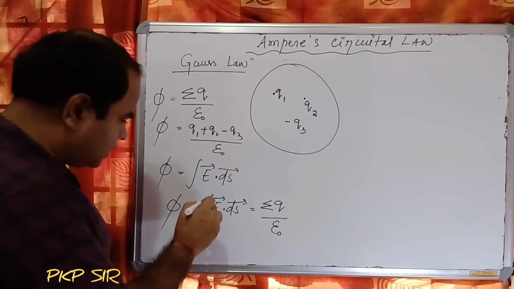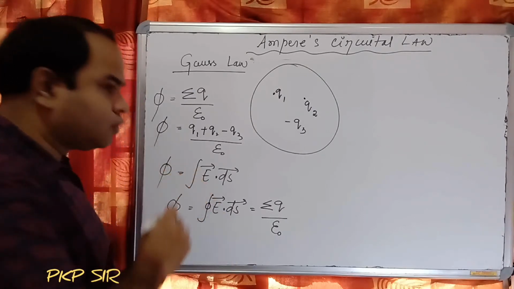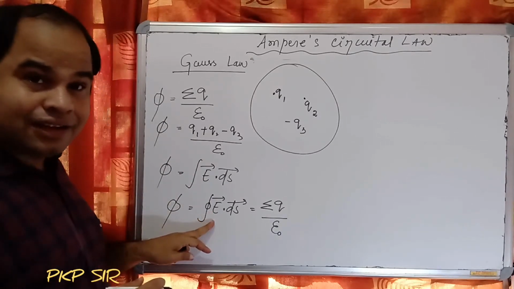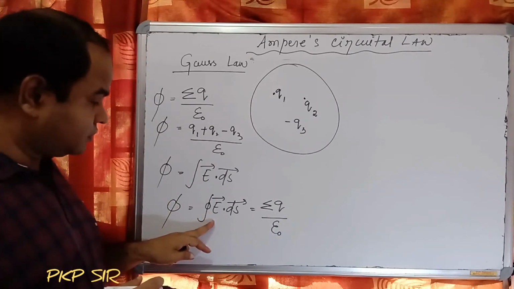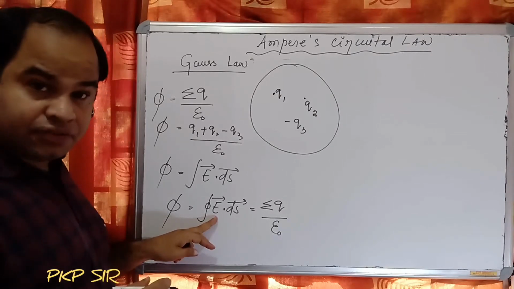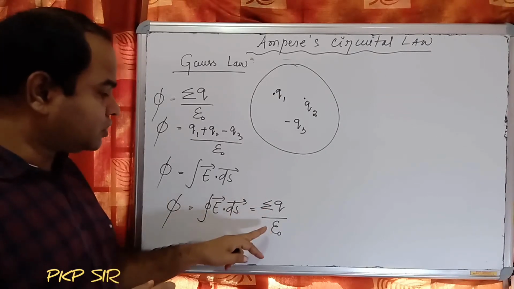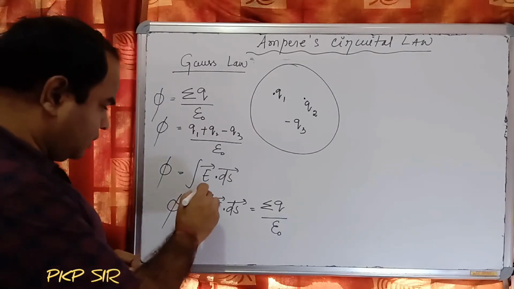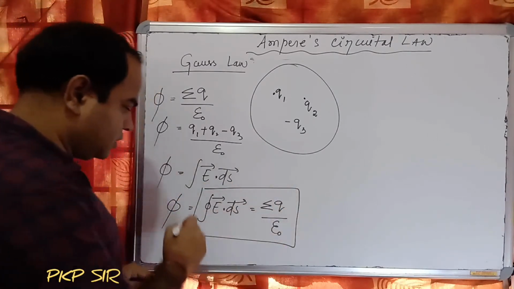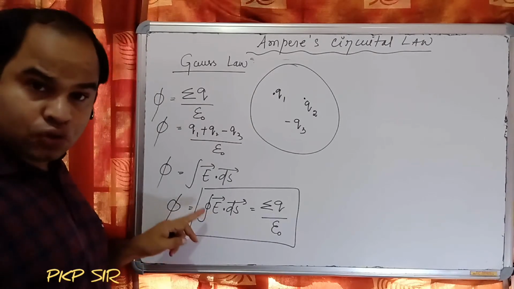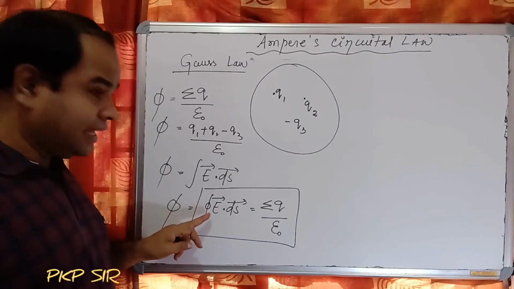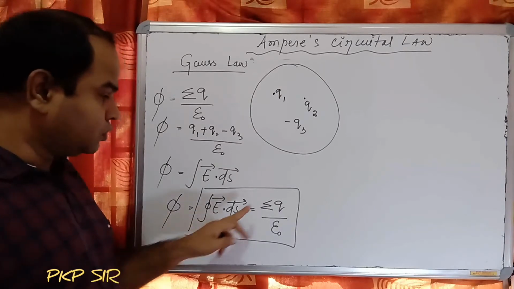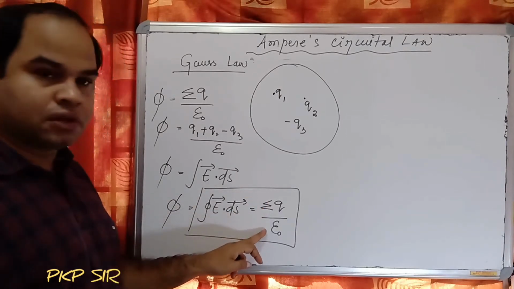So the closed area integral of the electric field is equal to the summation of charge divided by epsilon naught.